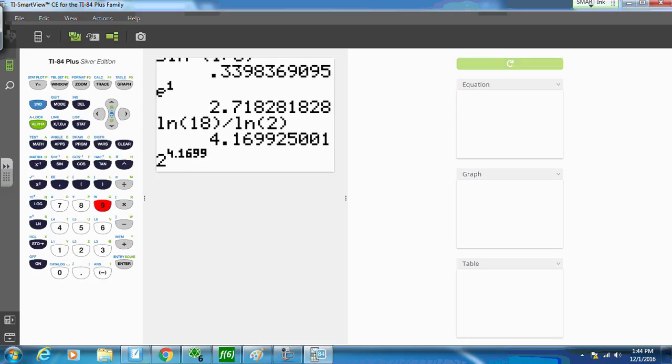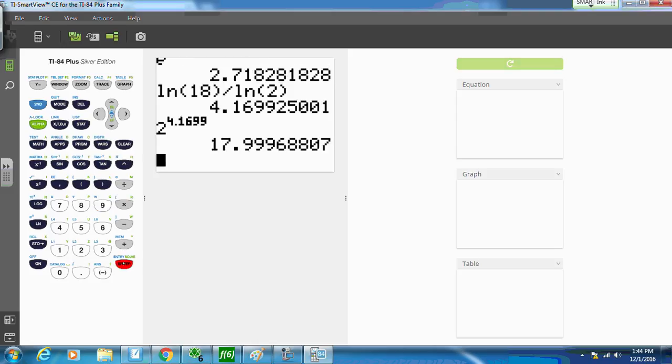2 to the 4.1699. Yes, no? Close enough. 17.9997. Why is it off by a little bit? Because of my rounding right here.